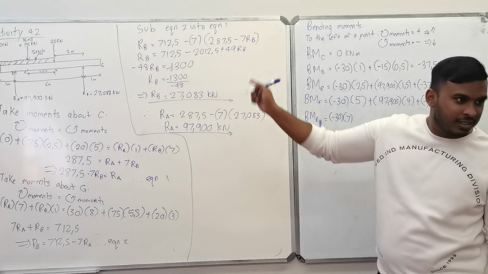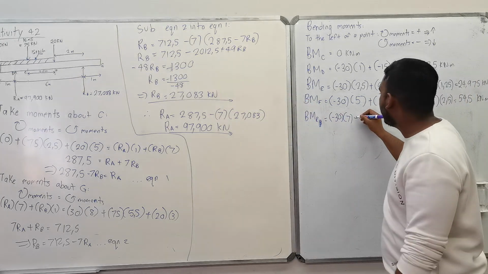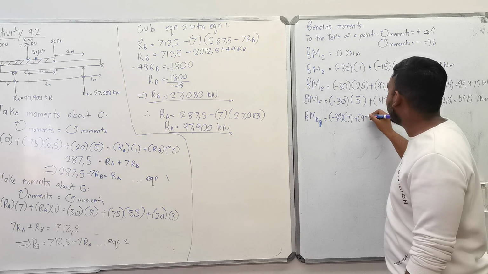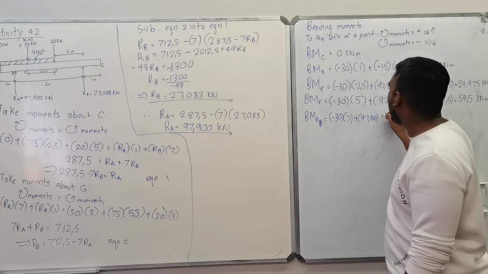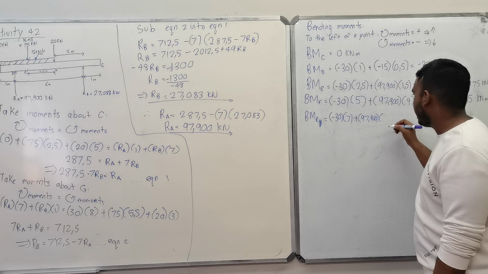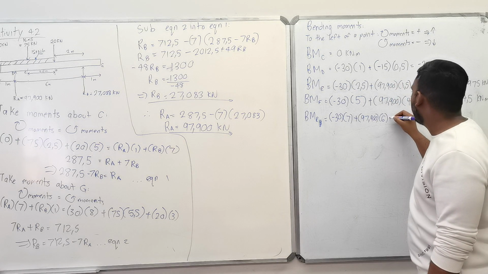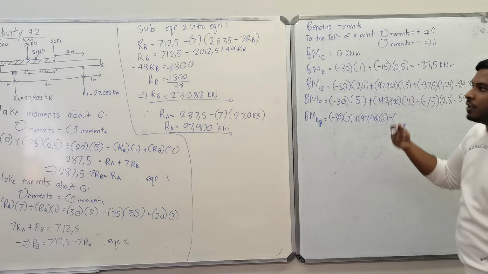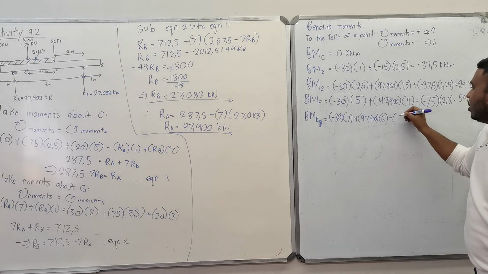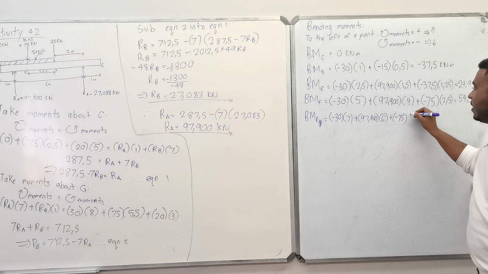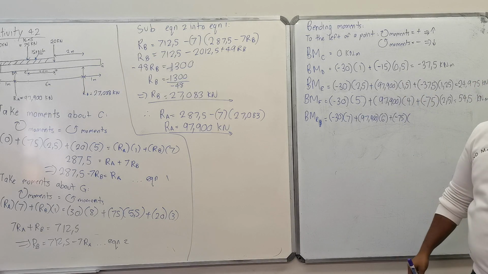The 1 plus the 6. Plus your upwards force of 97.900, how far away is that from RB? 6 meters, right? Plus your downwards force of that uniformly distributed load, which is negative 75, multiplied by its distance from RB?